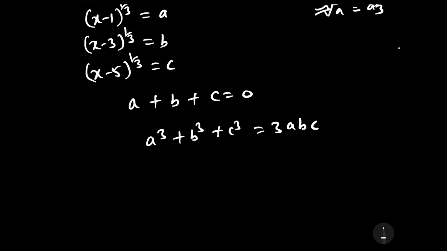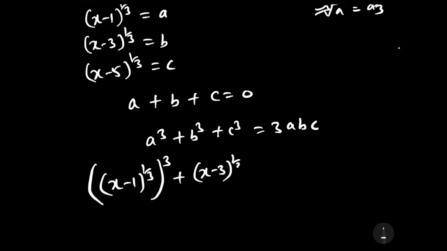What was the value of a? The value of a was (x minus 1) to the power 1 by 3, whole cubed, plus the value of b, which is (x minus 3) to the power 1 by 3, whole cubed, plus the value of c, which is (x minus 5) to the power 1 by 3, whole cubed.